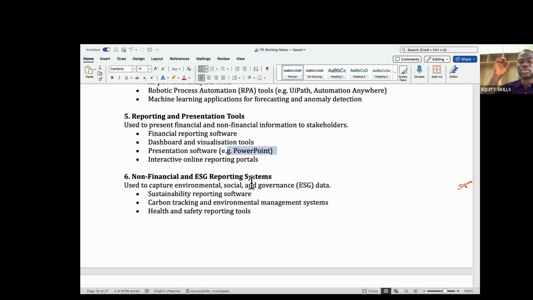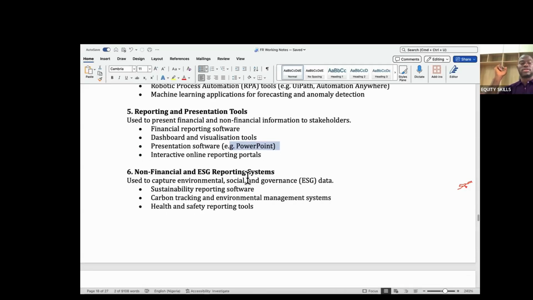And also there are some non-financial and ESG reporting systems. Like during the week, I'll be inviting you for a class on sustainability reporting.